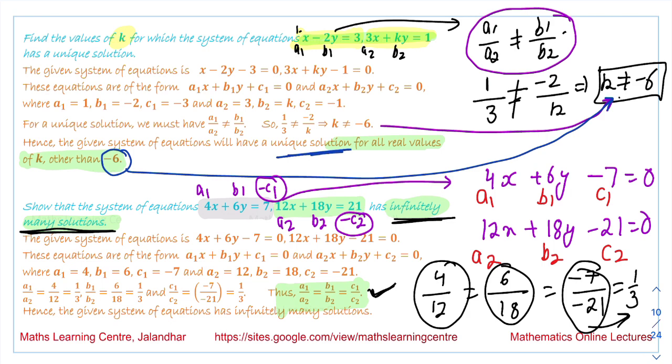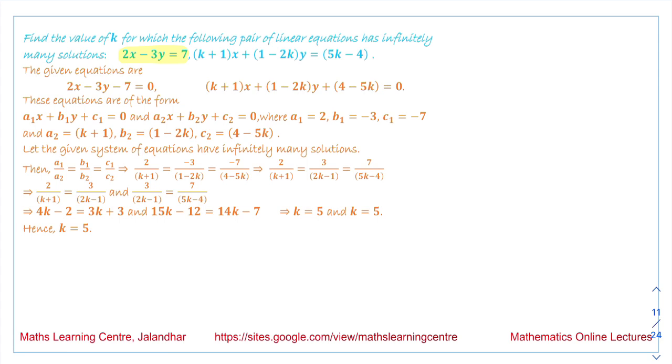Next, this system of equations is given to us. This is one equation, this is the second equation, and we have to find the values of k for this system to have infinitely many solutions. So we have written them in the form such that the constant term is on the left hand side. So the equation changes to this form.